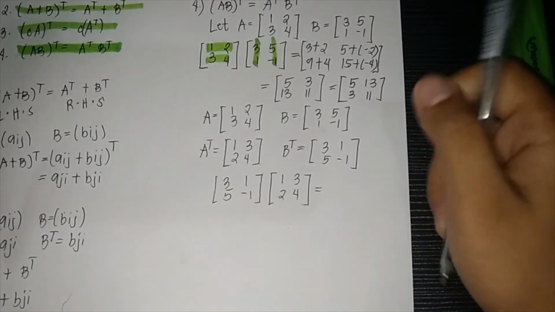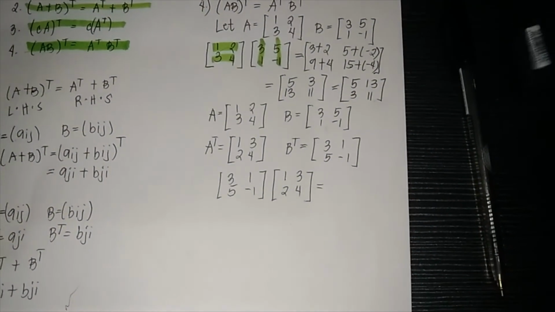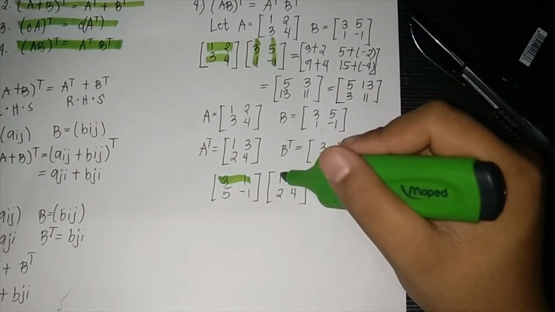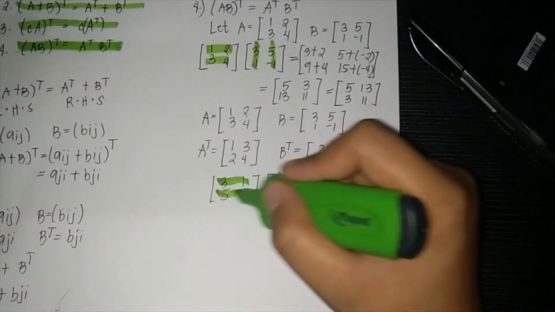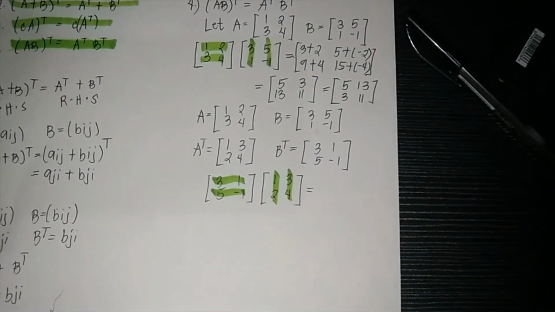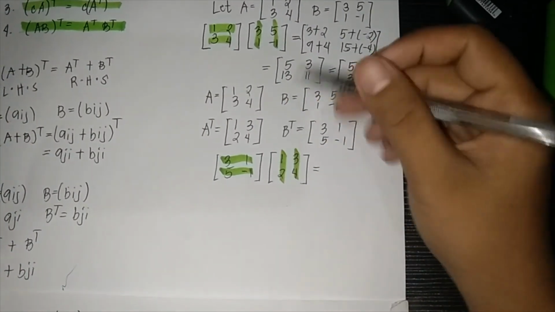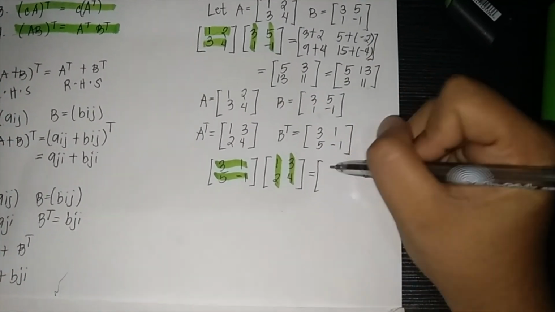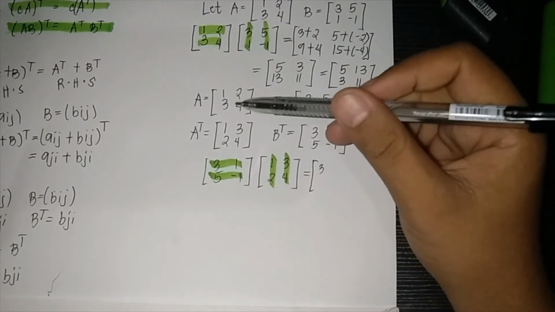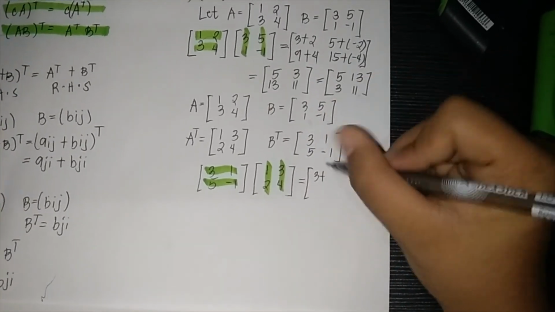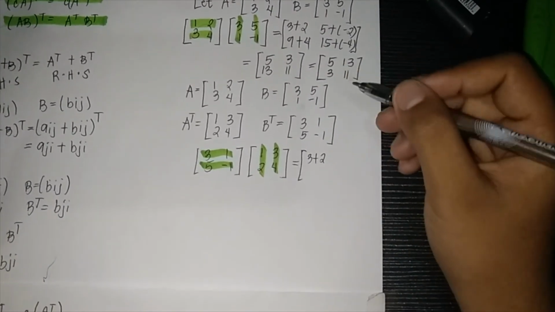So we need to multiply this row to this column and this row to this column also. Let's start. 3 times 1 is 3, plus 1 times 2 is 2.